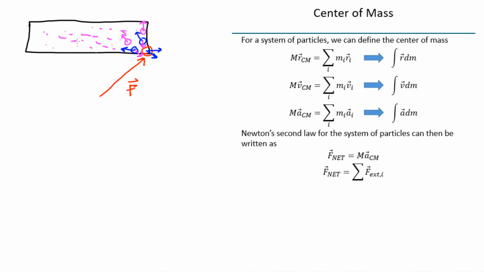And, you know, for any real object, there's going to be Avogadro's number of little atoms, and they're all exerting forces on each other. That's way too much to deal with. We can't write down Avogadro's number of copies of Newton's second law.